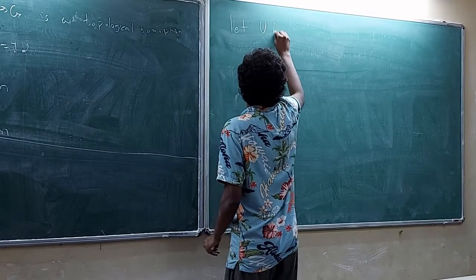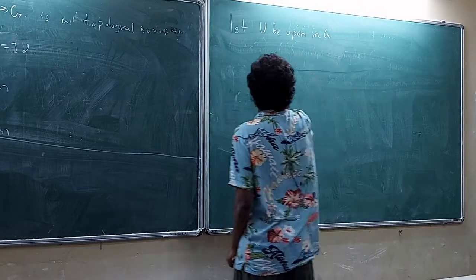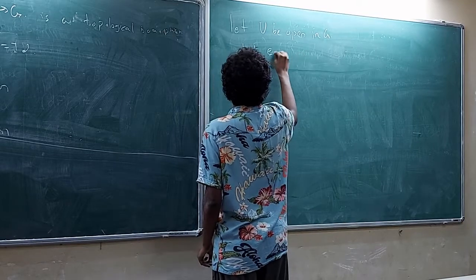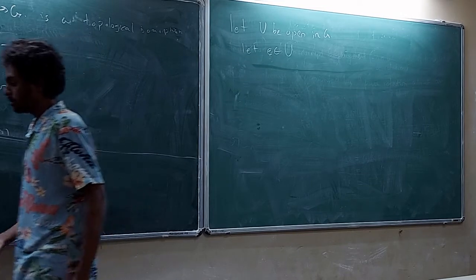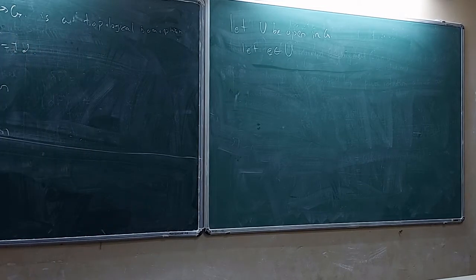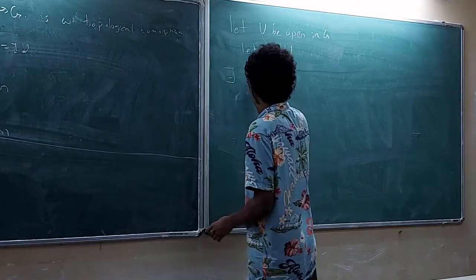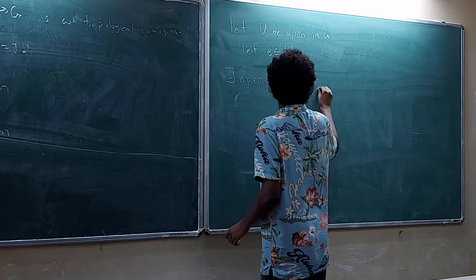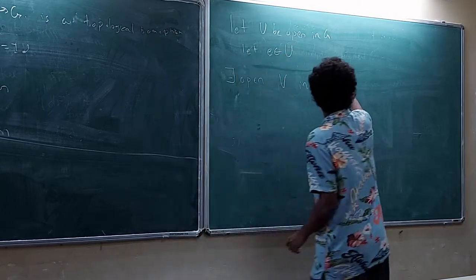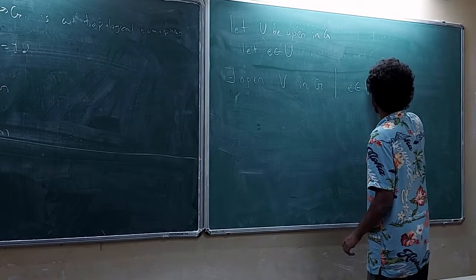Let U be open in G and let U contain the identity. There exists an open V in G such that V also contains the identity.